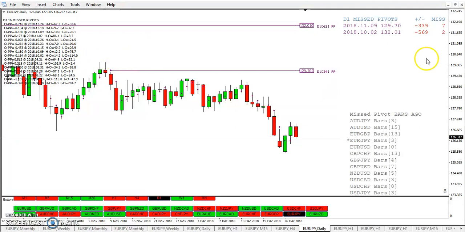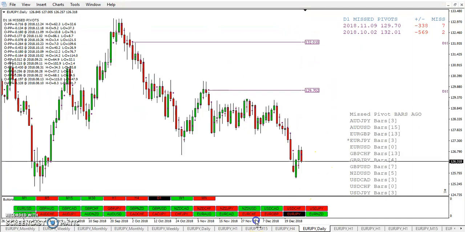So once again, we just had those 2 missed pivots. Yeah, so you can see here, it just slightly missed it. There was profit to be made. Right here, once again, slightly missed it. Profit to be made.